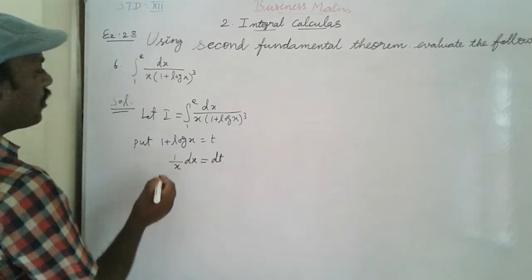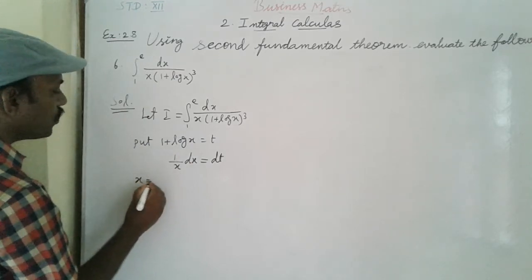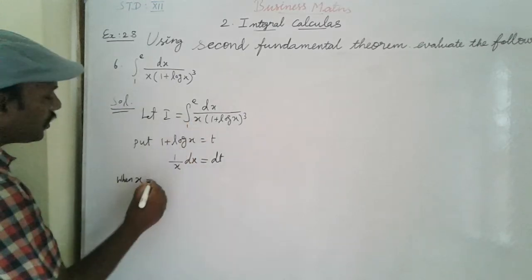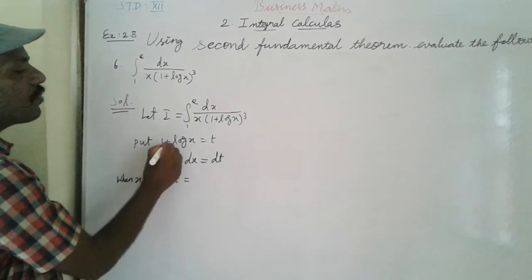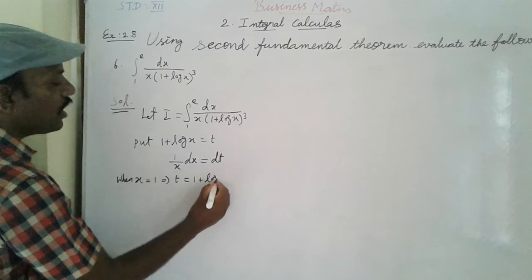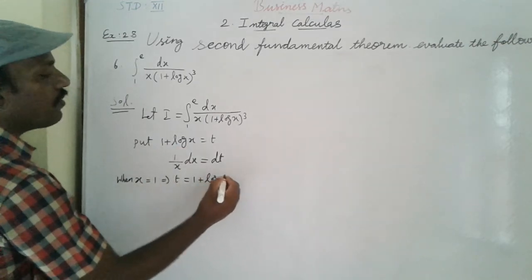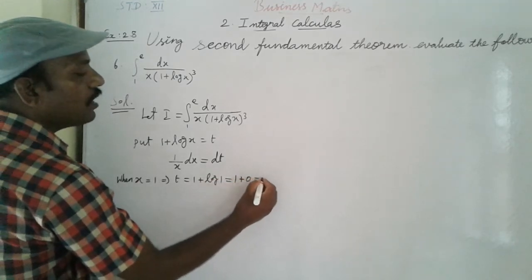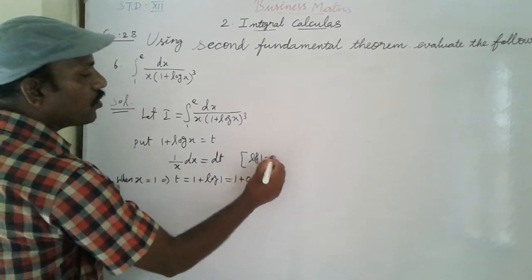Change the limits. When x equals 1, t equals 1 plus log x, so 1 plus log 1. We know the value of log 1 is 0, so 1 plus 0 equals 1.